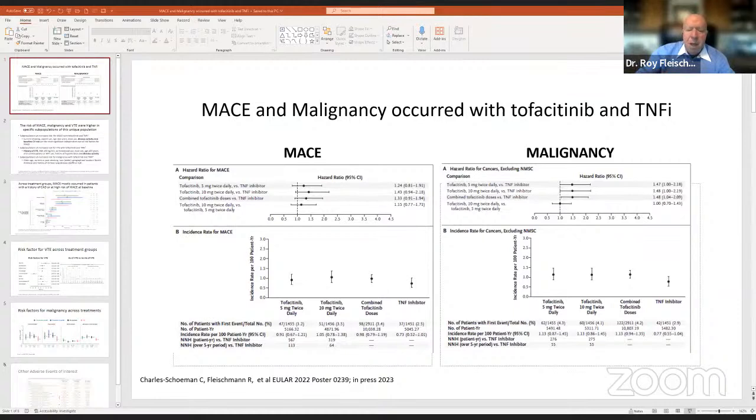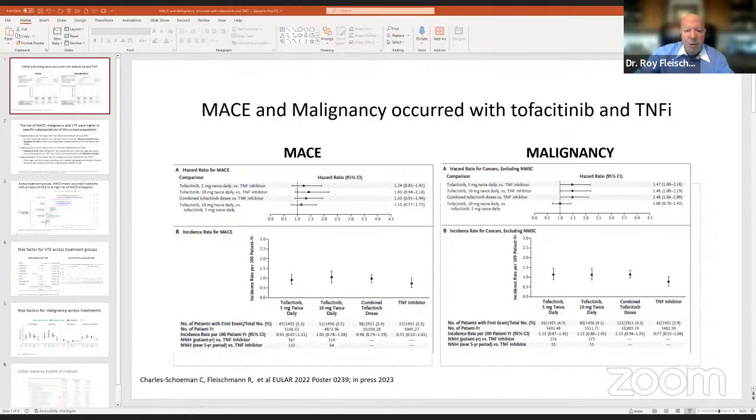This is a graph from the paper, and what it does show is that tofacitinib did not meet the non-inferiority criteria that was set up by the FDA for this trial, and that there numerically were more events of MACE and malignancy with TOFA than with the TNF, which was either etanercept or adalimumab. What's important about this is that these events also occurred with the TNF inhibitor, and I think that's something people need to think about.